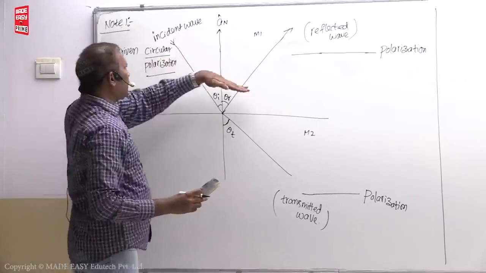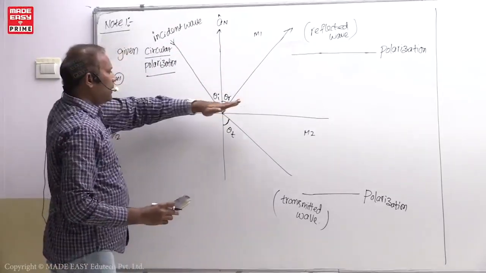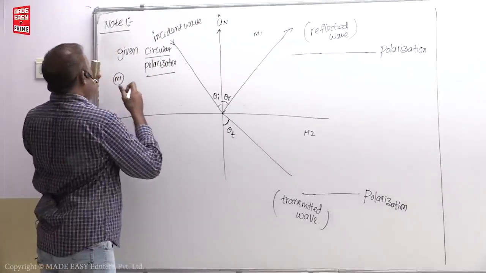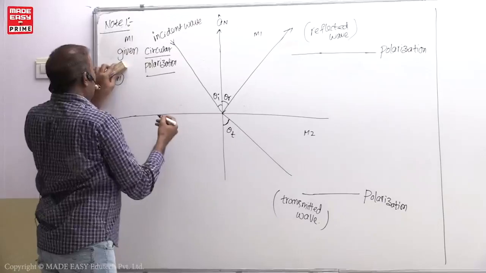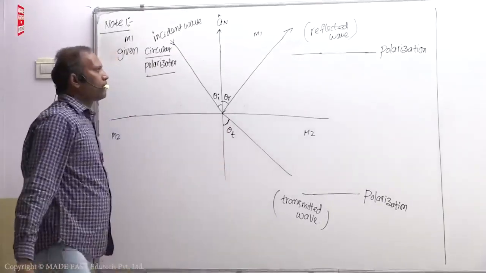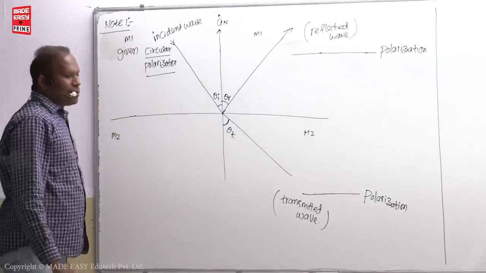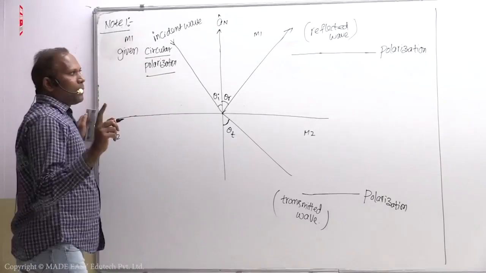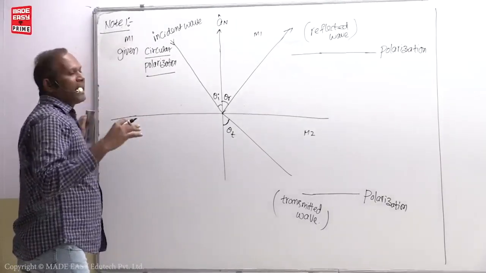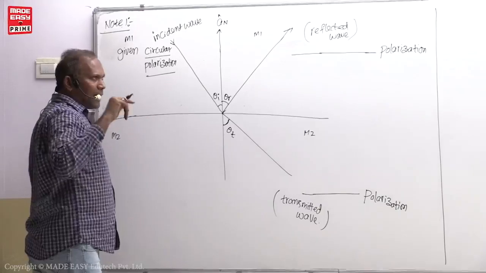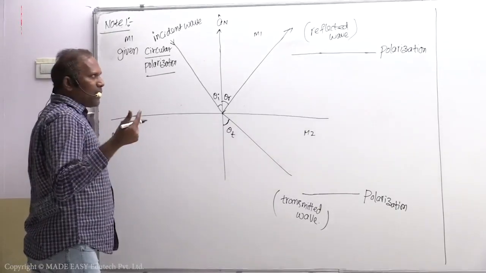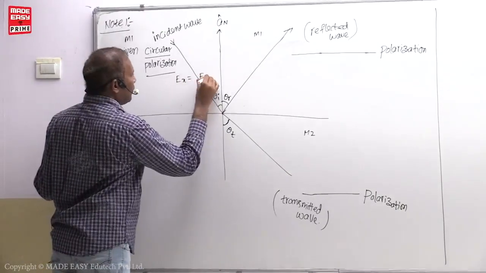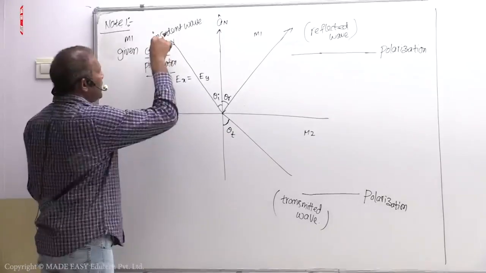This is medium 1 top side, this is medium 2 bottom side, and this is the boundary surface separating them. Now to solve this, we have studied circular polarization, and from that we will take an example. For circular polarization, the electric field x component and y component have the same magnitudes. So I will take Ex is equal to Ey. Now this is the incident wave.